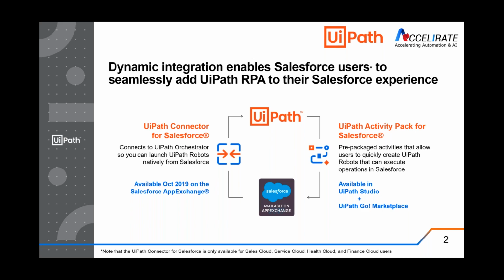And in the other direction, we've allowed the Salesforce platform to natively integrate into UiPath. So you can configure Salesforce to trigger execution of robotic process automation jobs in UiPath, given events that occur within Salesforce.